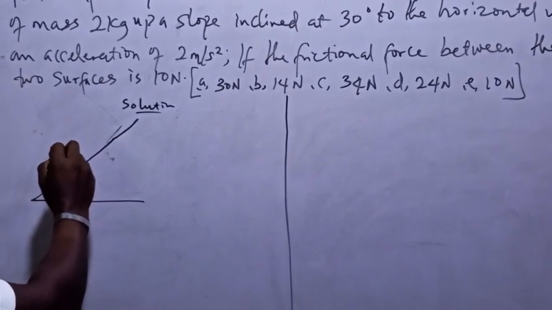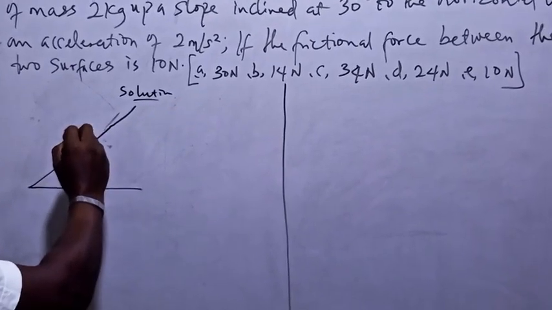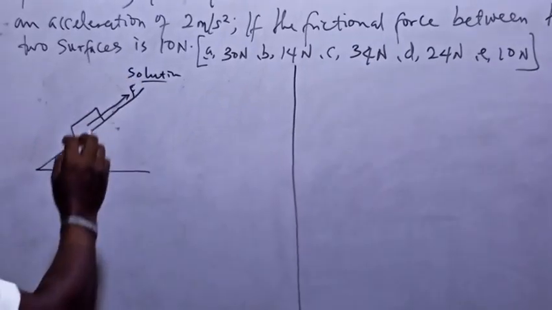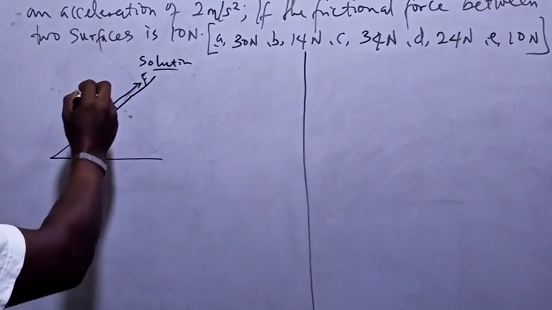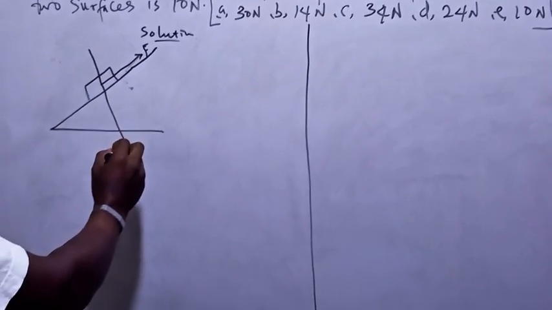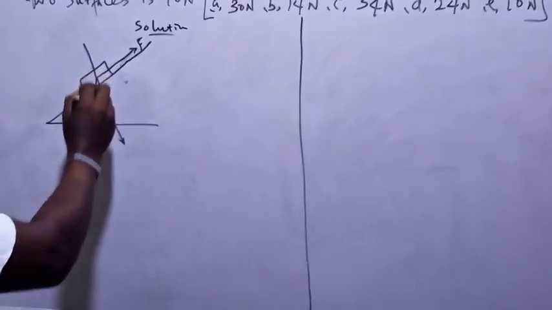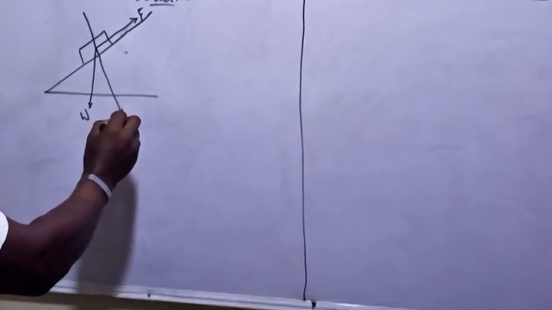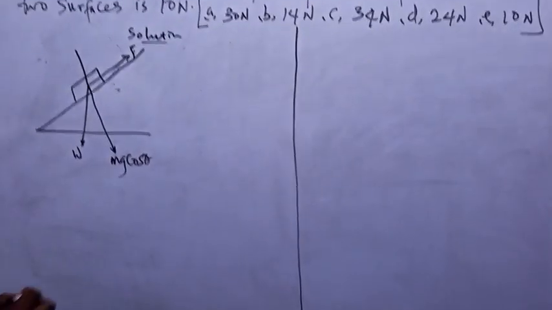Now we have the body as this. This is the force F pushing it upwards. We also have the normal force and the weight. This is the weight downward. This is also an indication of weight, and this is the angle the weight makes.